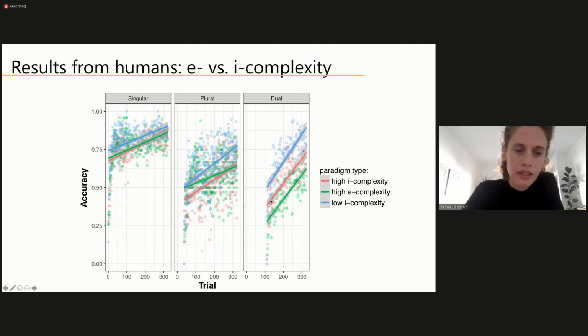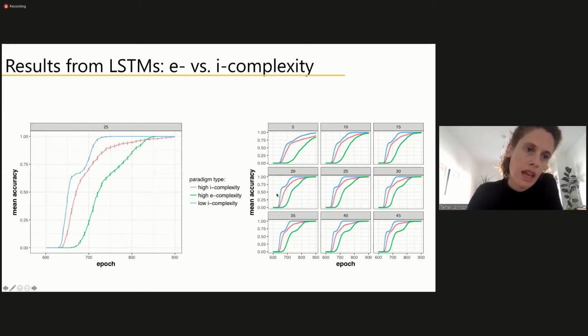So it suggests that the E complexity affects learning more than the I complexity. And also in the LSTMs, we see the same trend. In green, again, you see the networks trained on the high E complexity, and they also performed worse in learning the dual forms in the paradigm. And this trend was also found in all sizes of the networks that we used.